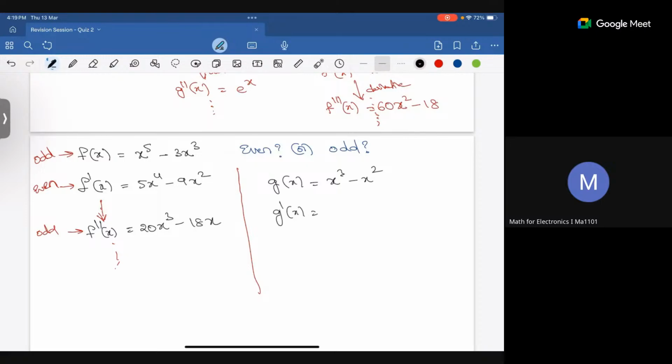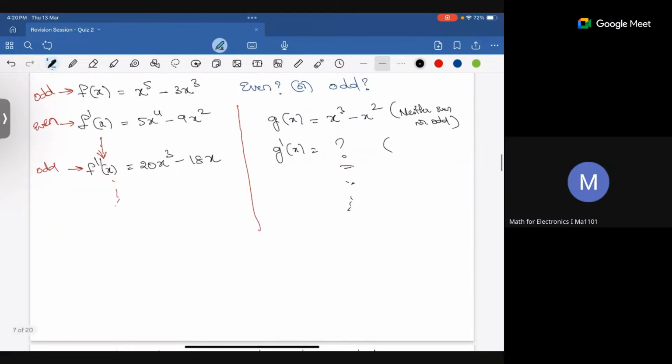What will happen to g'(x)? Compute g'(x) and see whether it is even or odd. I will leave it for you to think about, and you can get your answers.